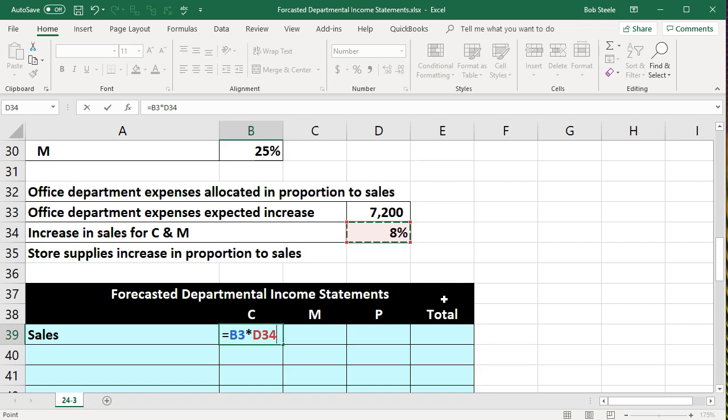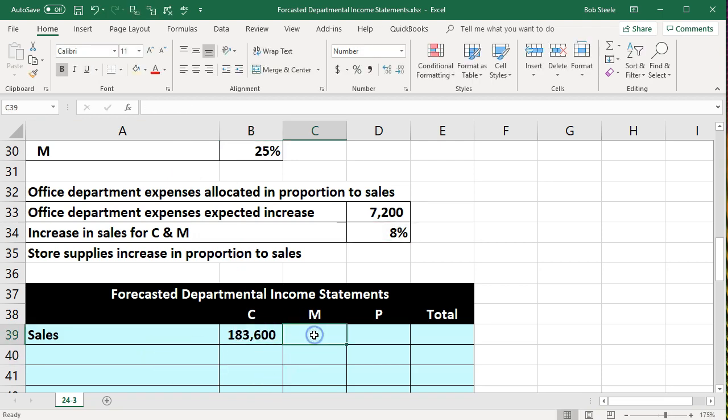To get it to be 108%, we're going to have to bracket this and say we want 1 plus that 8%. In other words, we'd have to hard code the number. So we want 1, or 100%, plus 8%, which of course is 108% times the sales number. That gives us that 183.6.